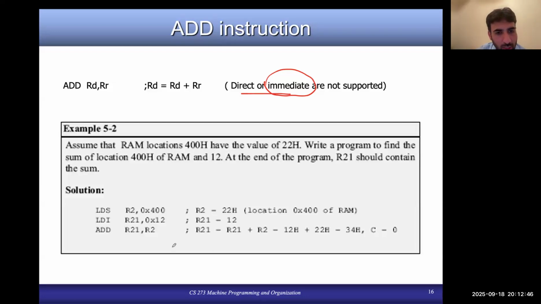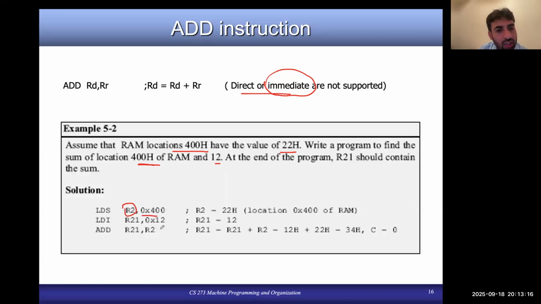So here is an example. Assume that this RAM location has the value of 22 hexa, right? You want to write a program which adds the value of the RAM location at this address to the immediate number 12. So first you load the data from the static memory from this address into the R2 register.